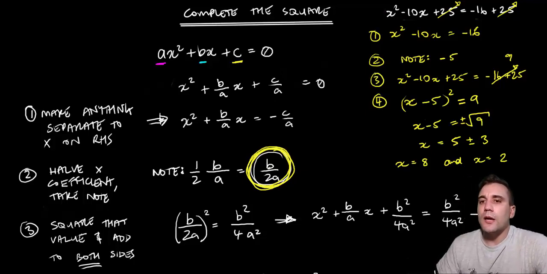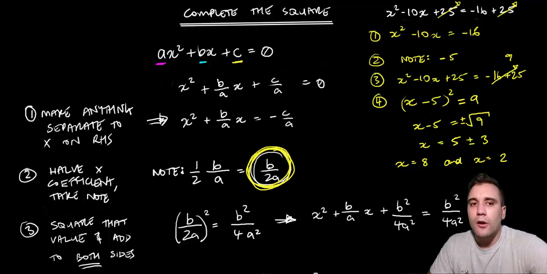And all I've done is this completing the square thing. Just to rehash, step 1, I moved everything that is not attached to an x over to the right hand side. The next thing I did was halve the coefficient of x and take note of it, which in this case was -5.